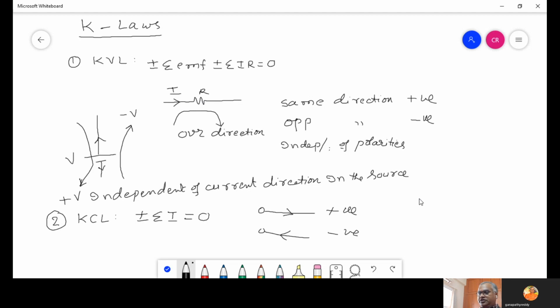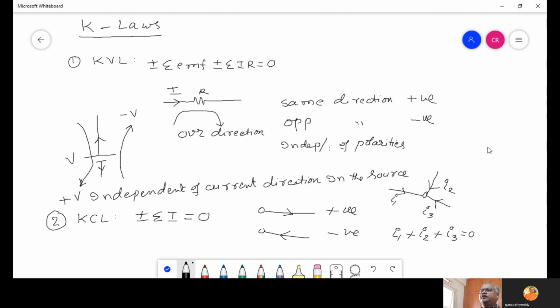This is more convenient. The law can be stated in an alternative way. There are three branches with currents entering. If these currents are I1, I2, I3, then as per the law, the sum of the currents entering is 0: I1 plus I2 plus I3 equal to 0.